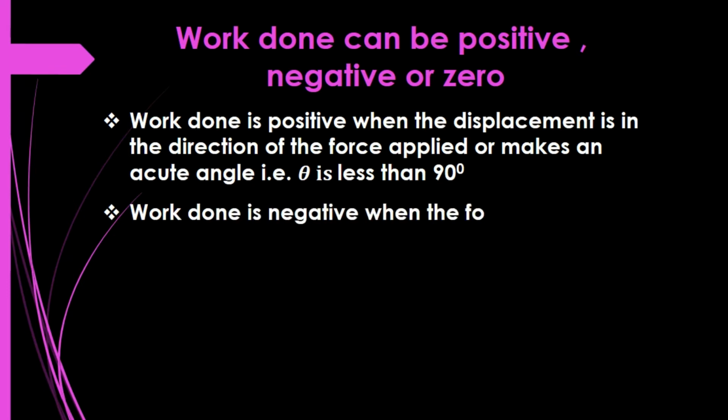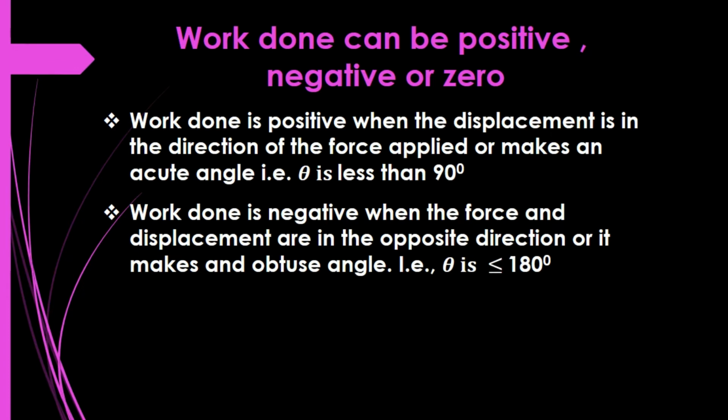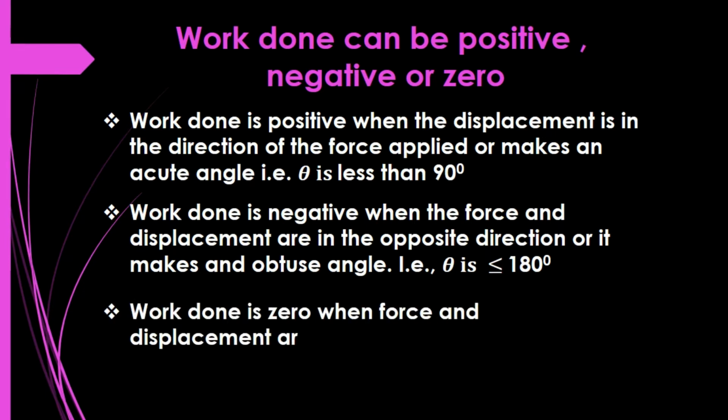Work done is negative when the force and displacement are in the opposite direction. That is, the angle is 180 degree or it makes an obtuse angle. The angle is greater than 90 and less than 180. And the work done is 0 when the force and displacement are perpendicular to each other. That is, the value of theta is 90 degree.